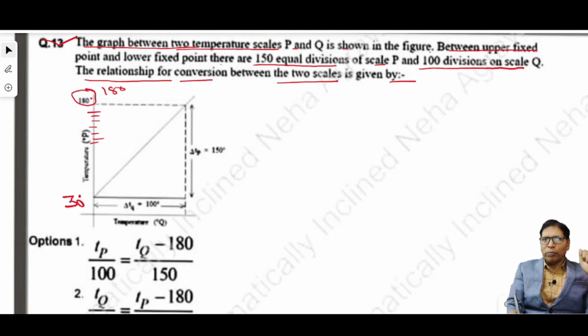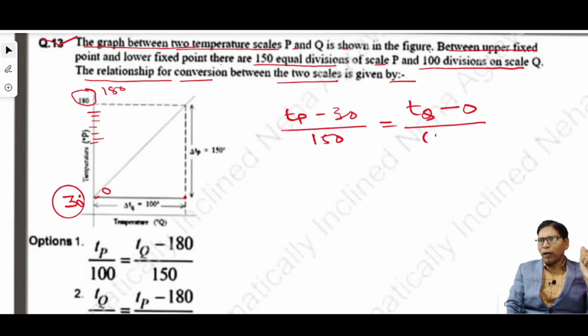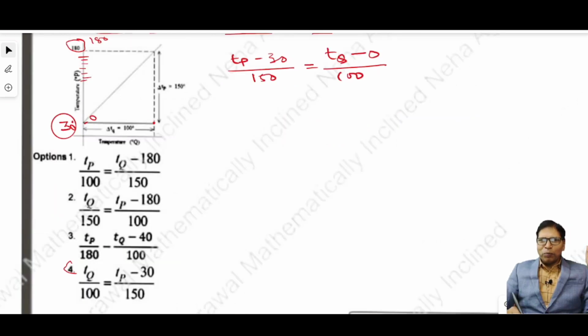So the lower fixed point of this scale is 30. Now look at this, this is 100, as it has only 100 divisions. So look at this scale, the lower fixed point is 0. Therefore look at this, the temperature, this is TQ. Now temperature TP minus lower fixed point, this is 30, divided by fundamental interval, so this is 150. Now look at this, TQ, temperature in the Q scale minus lower fixed point divided by fundamental interval. Now look at this, option 4 is correct.